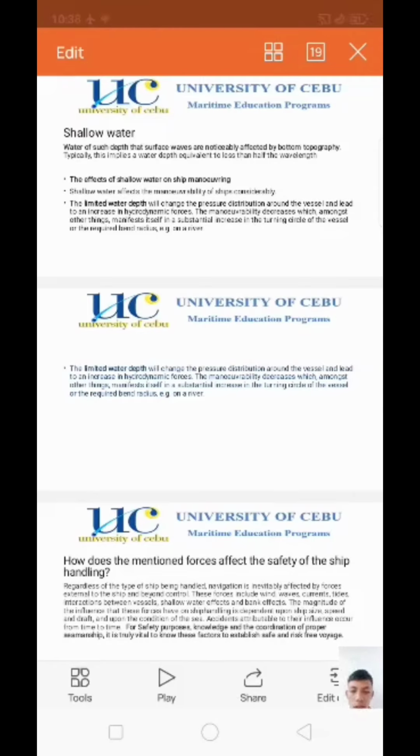The magnitude of and the influence that these forces have on ship handling depend upon ship size, speed and draft, and upon the condition of the sea. Accidents attributed to their influence occur from time to time. For safety purposes, knowledge and the coordination of proper seamanship is truly vital to know these factors to establish a safe and risk-free voyage.